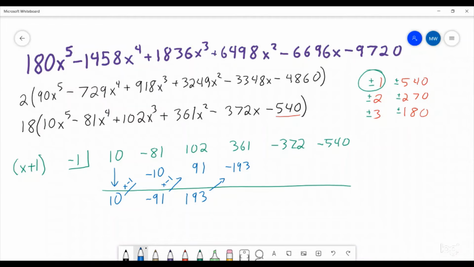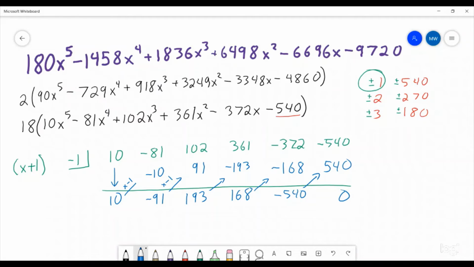Adding those two together, let's see, what do we get? That's 361 minus 193. Let's see, that is 168. All right, so we bring that up. That's a minus 168. And those two add to give a minus 540. And then when we multiply by negative 1, that becomes a positive 540 to give us 0.